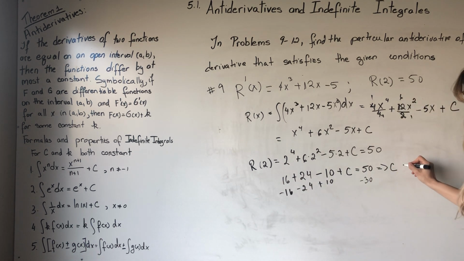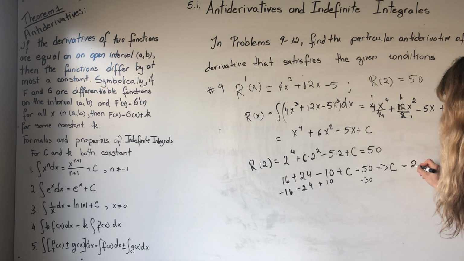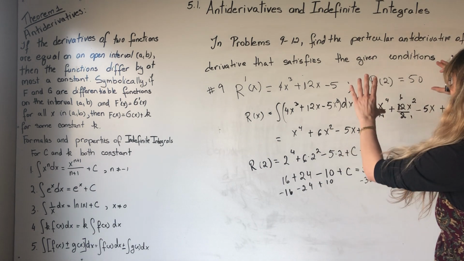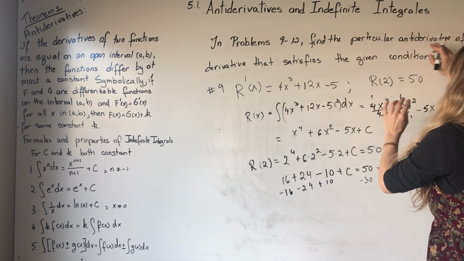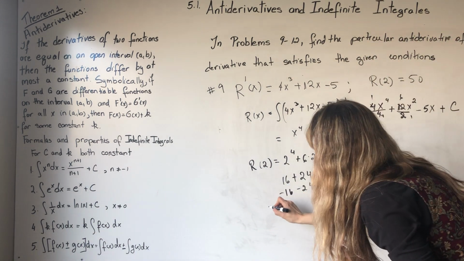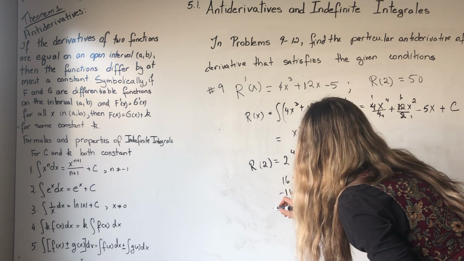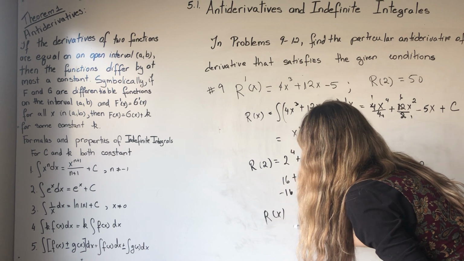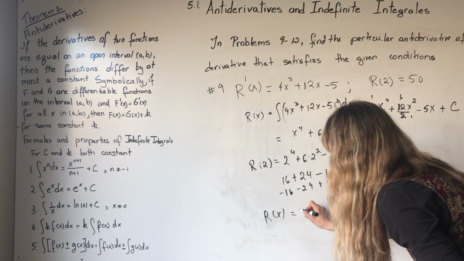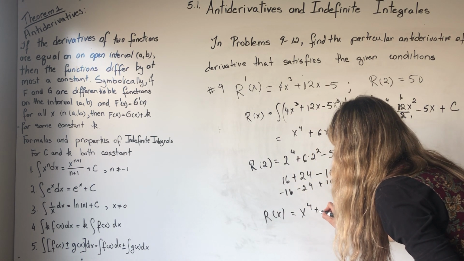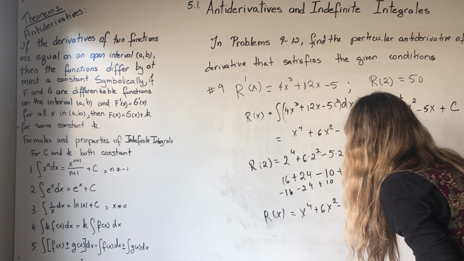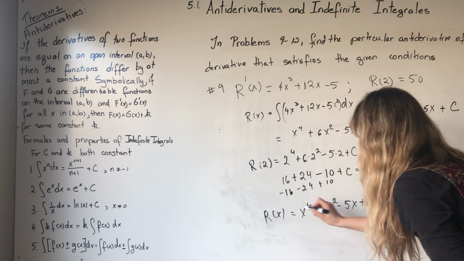So c should give me 20. In other words, the particular antiderivative will be r of x equal to x to the fourth plus 6x squared minus 5x plus 20.